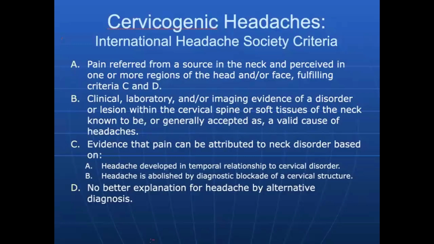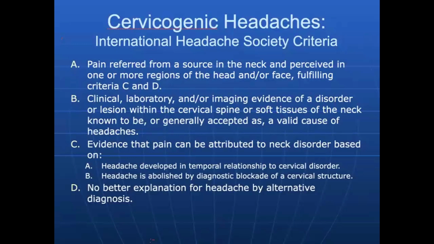Criteria C, evidence can be attributed to the neck disorder based on the temporal relationship to a cervical disorder. So in other words, it's a headache that developed after an injury to the neck, i.e. like a whiplash injury. And part B is the most important. Headache is abolished by a diagnostic block of a cervical structure. That's oftentimes where I come in.